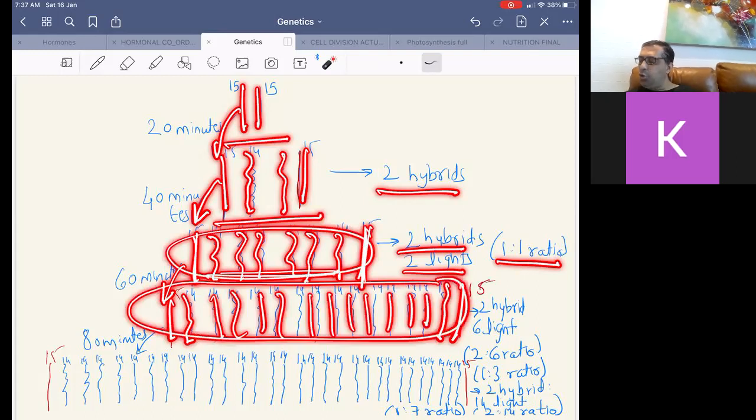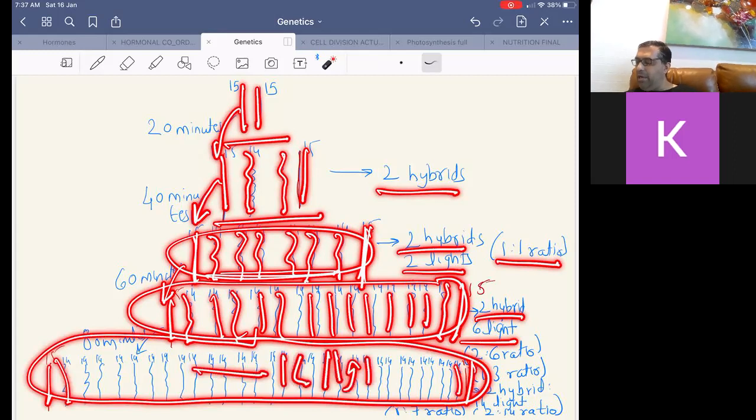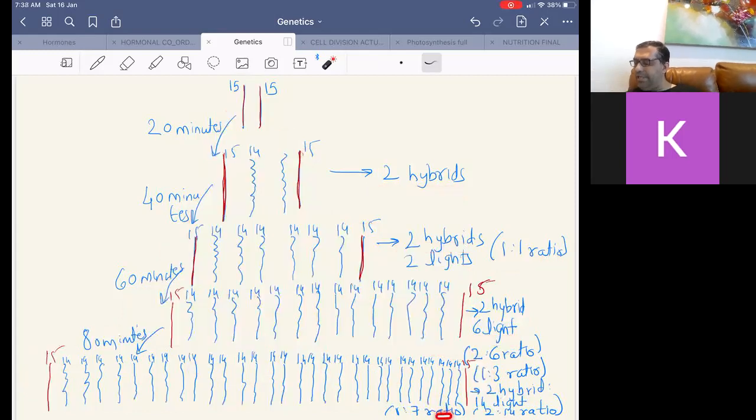Of the 8, 2 are hybrids and 6 are lights. Now 8 will become 16, of which these two are hybrids, and in between all the 14 are lights. So you get 2 hybrids and 14 lights, a ratio of 1:7.